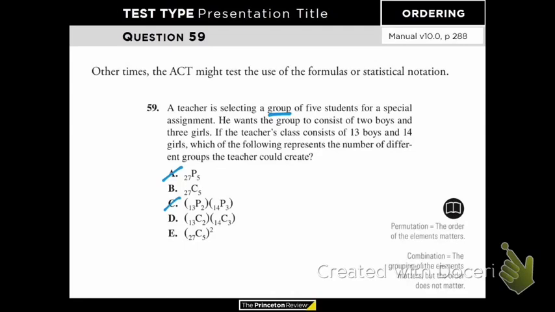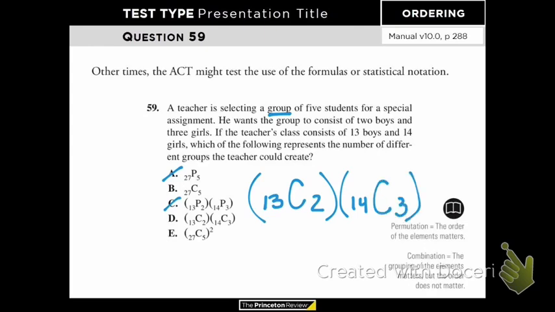So we need to think of these as 2 separate because we're choosing boys and girls separately. So for the boys, there are 13 boys, and you're choosing 2 of them. For girls, there are 14 girls, and you are choosing 3 of them. So the answer there is D.